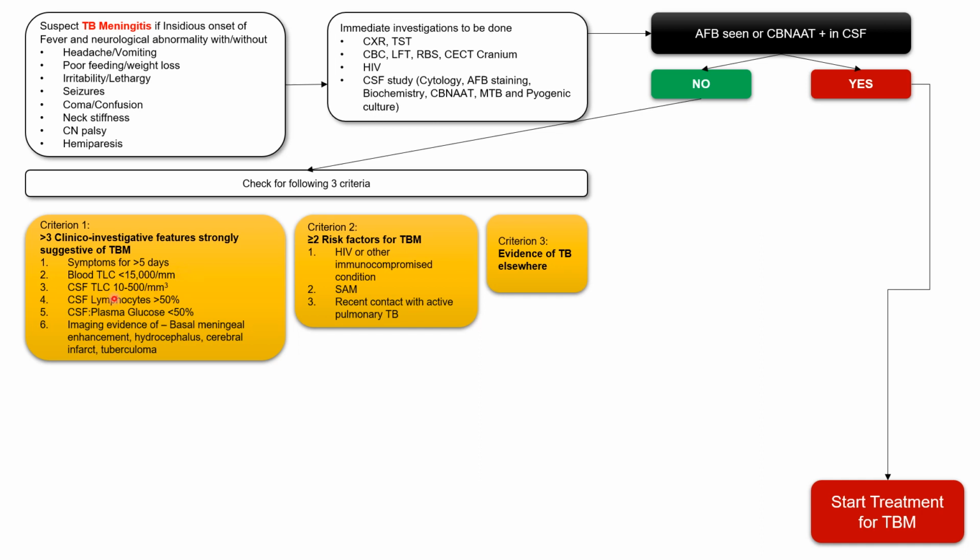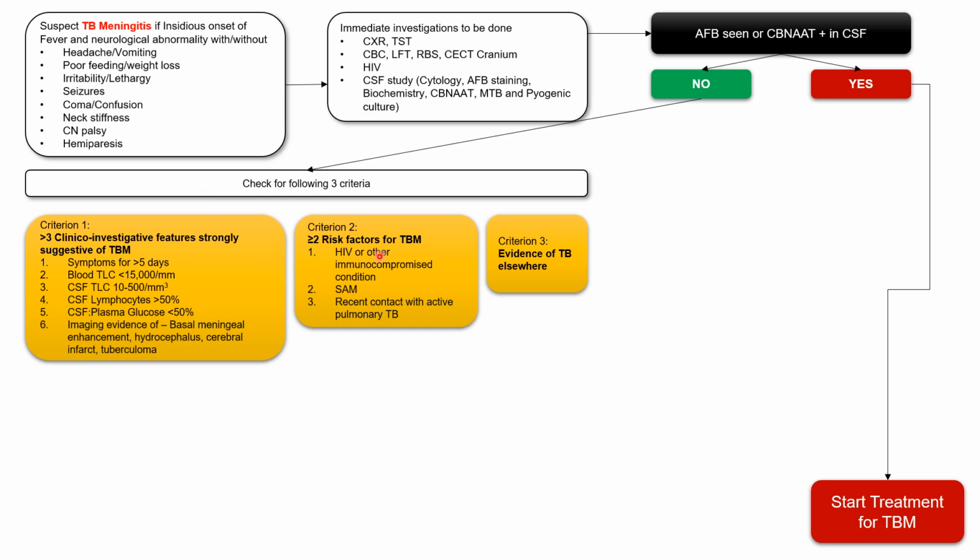Third, the CSF TLC, that means CSF leukocyte count, is 10 to 500 per cubic millimeter. Fourth, CSF lymphocytosis is more than 50%. Fifth, CSF to plasma glucose is less than 50%. Sixth, imaging evidence of tuberculosis like basal meningeal enhancement, hydrocephalus, cerebral infarct or tuberculoma. These are the 6 criteria. If any 3 of these 6 criteria are present in the patient, it is considered criteria 1 positive.